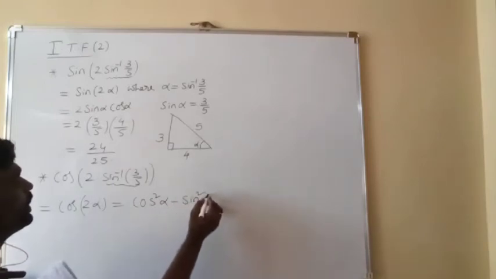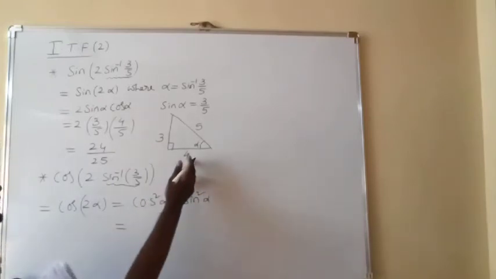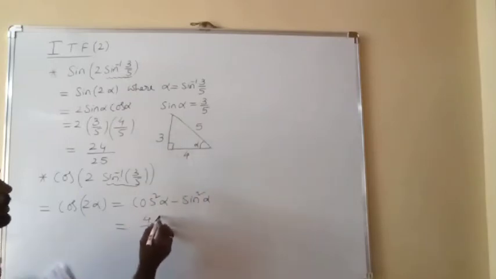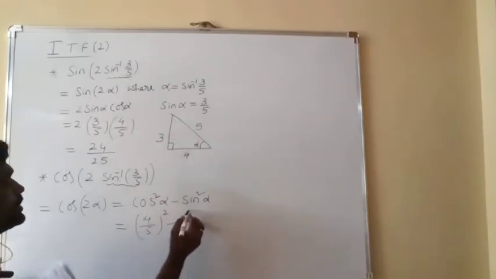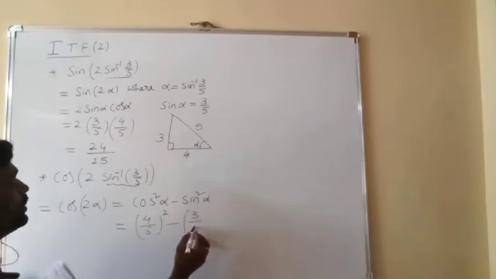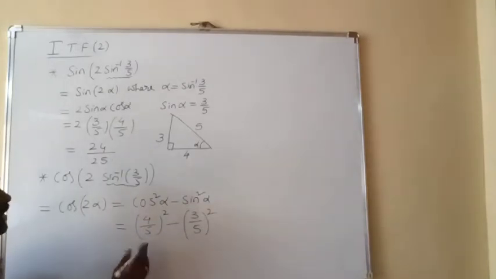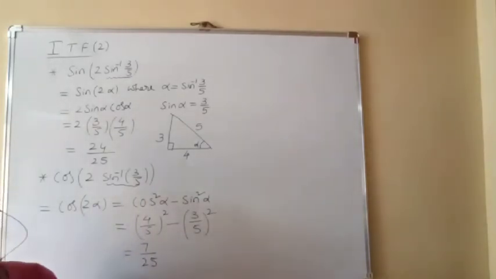What is cos alpha from this triangle? 4 by 5 whole square, minus sin square alpha. What is sin alpha? 3 by 5, 3 by 5 whole square. After simplifying, what will you get? This is 16 by 25, this is 9 by 25. 16 by 25 minus 9 by 25 is 7 by 25.